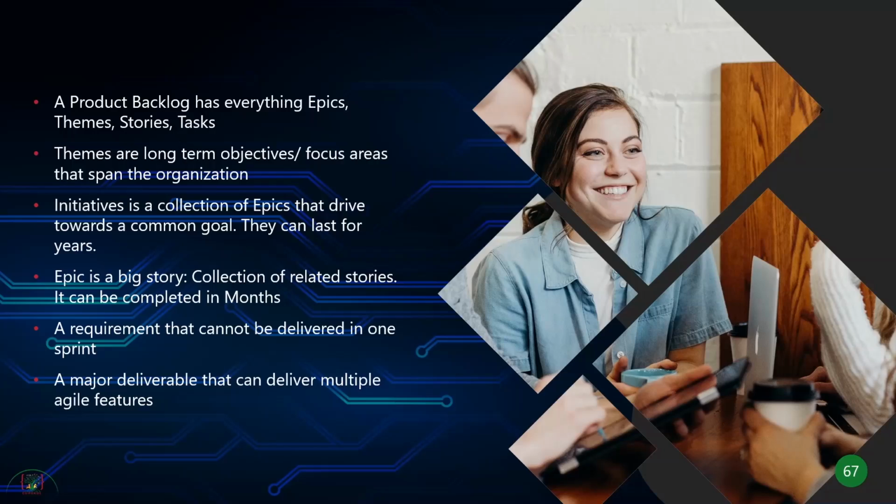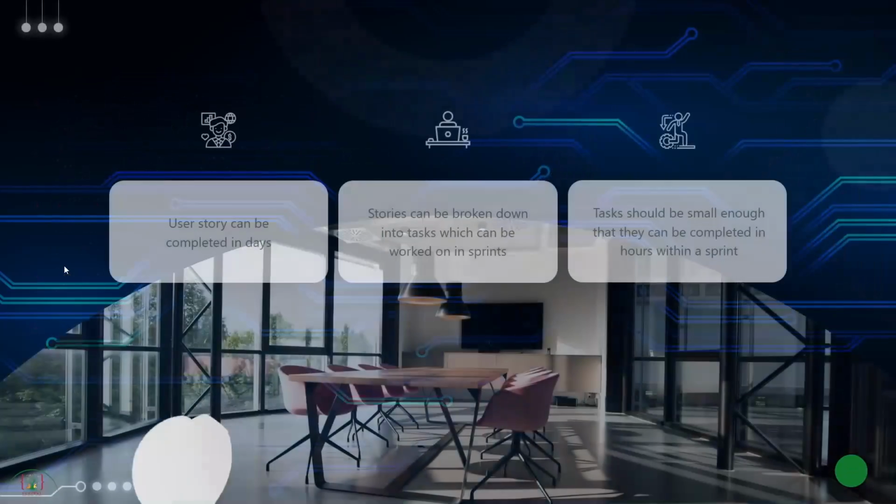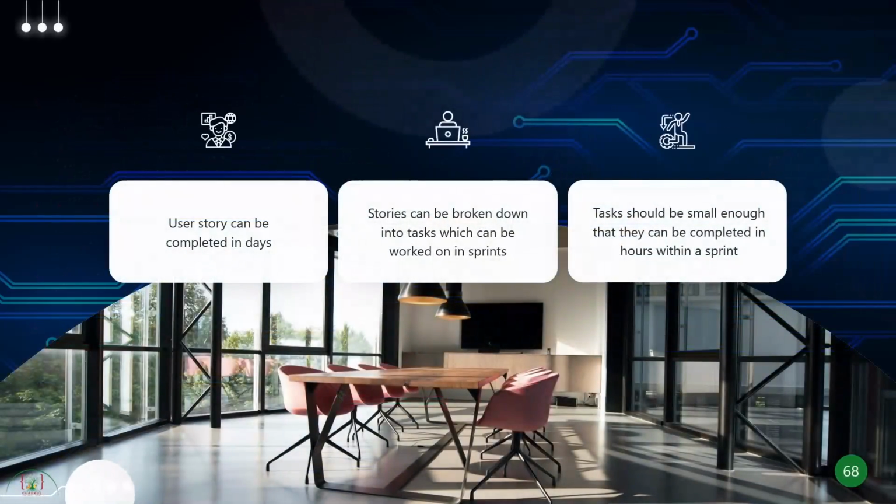And then, a requirement that you can do in one sprint, okay, or a major deliverable that you can basically deliver in multiple agile features. So a user story, which is basically a smaller version of an epic, right?